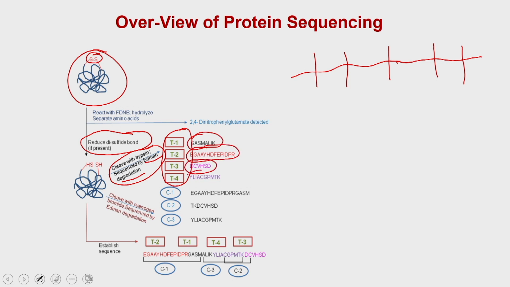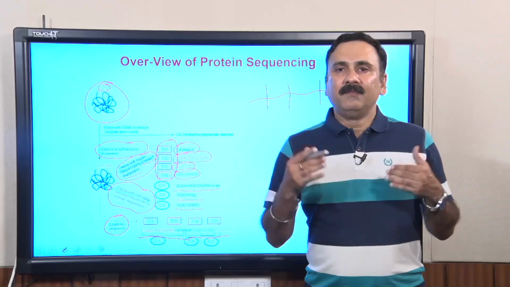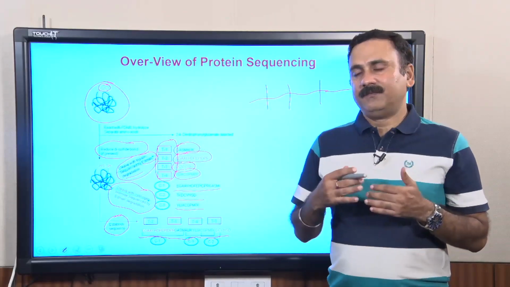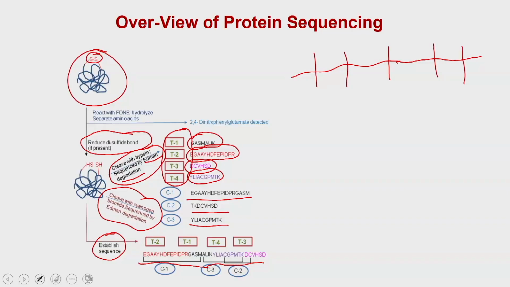On the other hand, if you use chemical molecules such as cyanogen bromide, that is also going to give you different types of fragments, and all these fragments you then put together with the help of different types of software, and that is going to give you the original sequence. So, this is what we are going to discuss today, and in following this story, the first step is that you have to destroy the disulfide linkages.